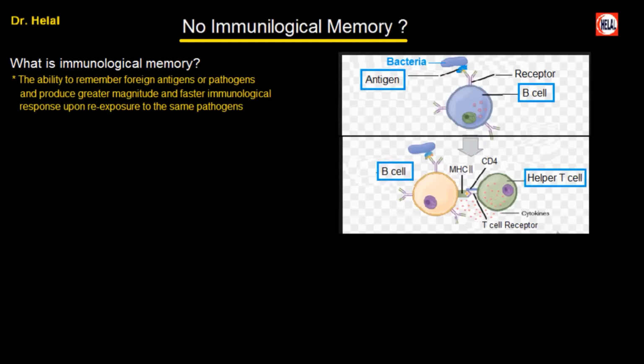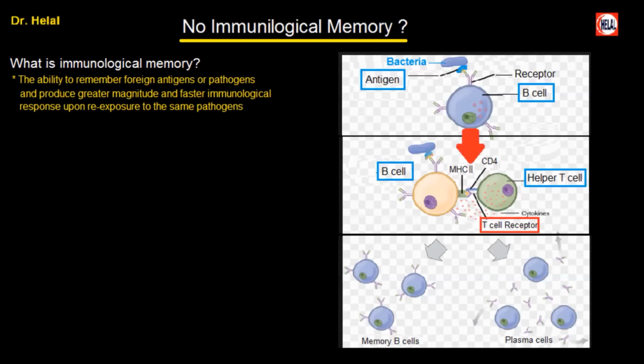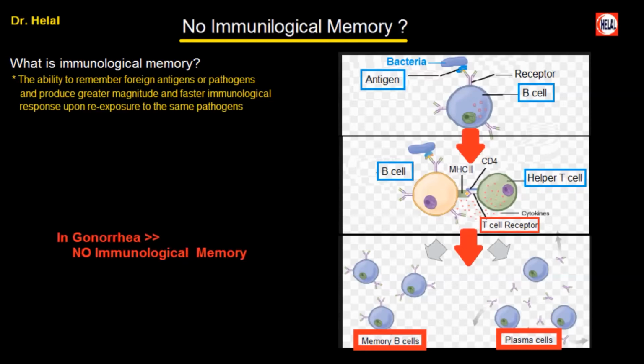The B cells, after exposure to the antigen, will develop a specific antigen called MHC2 that will be recognized by a T cell receptor. This process will result in the production of many memory cells and plasma cells. This is called immunological memory.